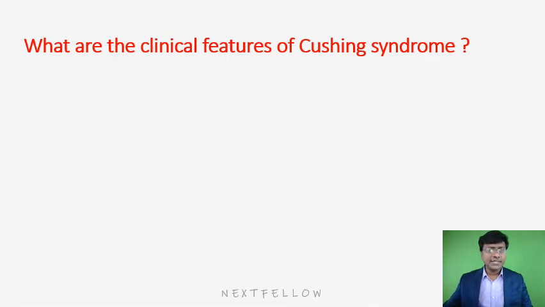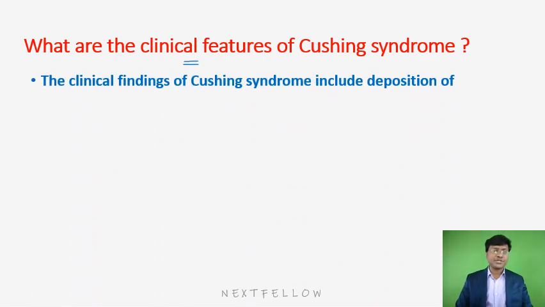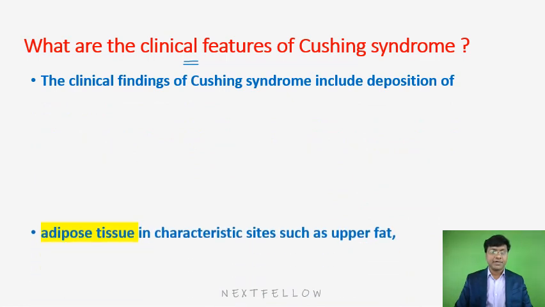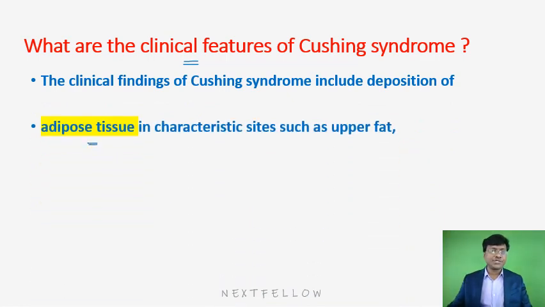Now, what are the clinical features of Cushing syndrome? The clinical features include, number one, the deposition of adipose tissue in various sites of our body. The adipose tissue excessively accumulates in the face, resulting in a swollen or round face. It accumulates in the nape of the neck, which results in buffalo hump.